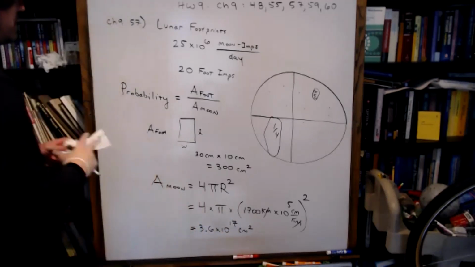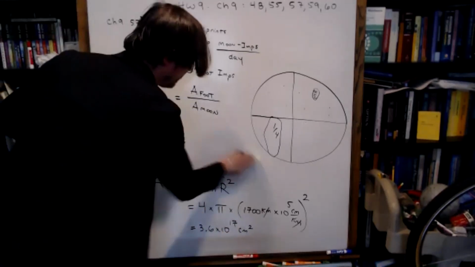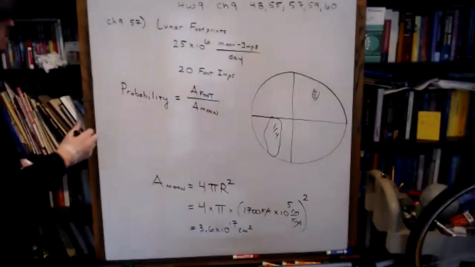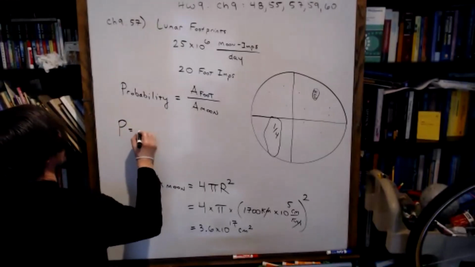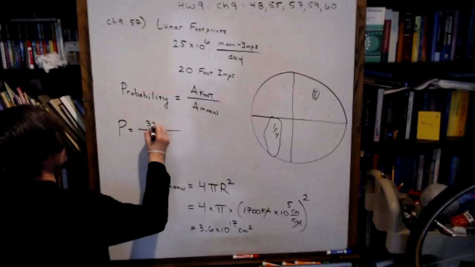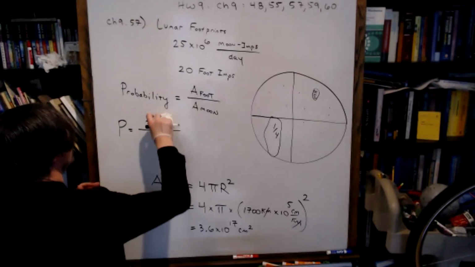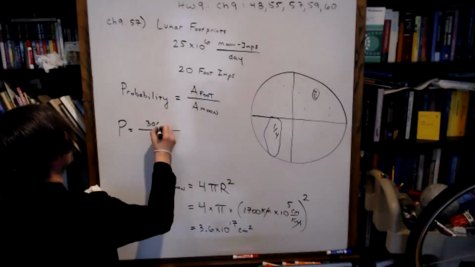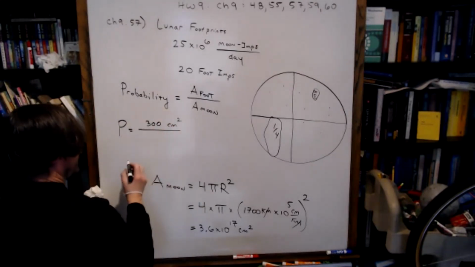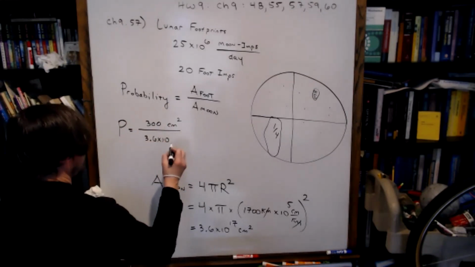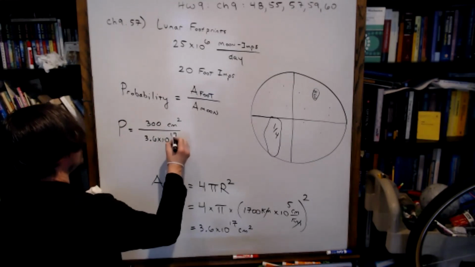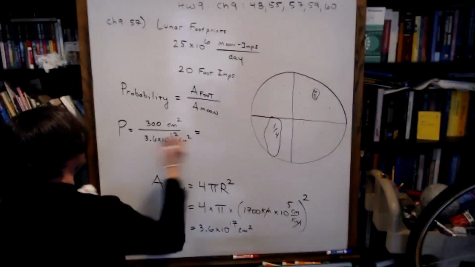Okay. Let's plug that into our probability. The probability is 300 centimeters squared over 3.6 times 10 to the 17 centimeters squared.